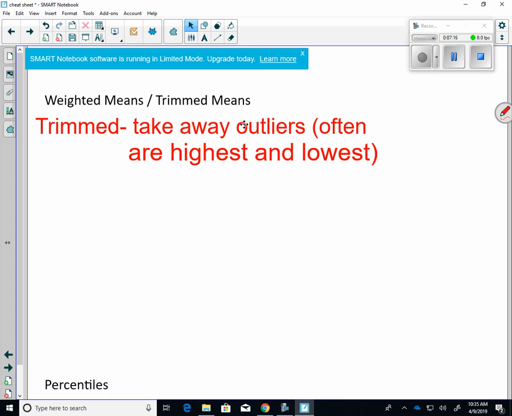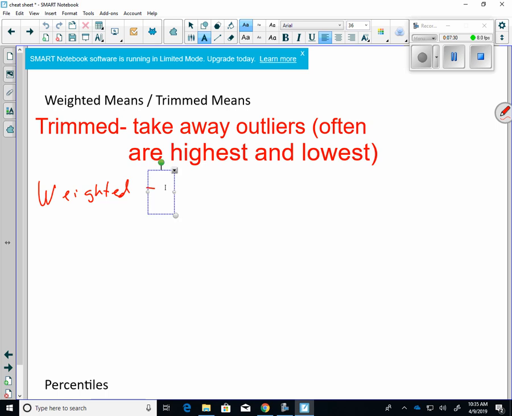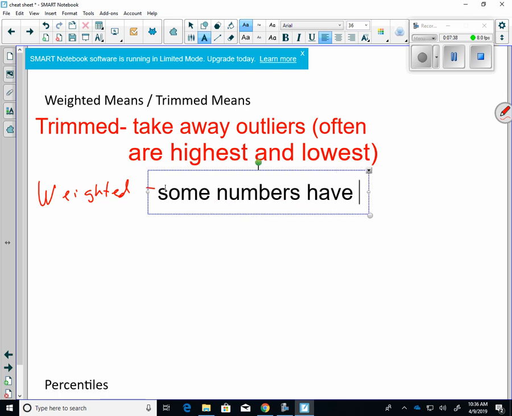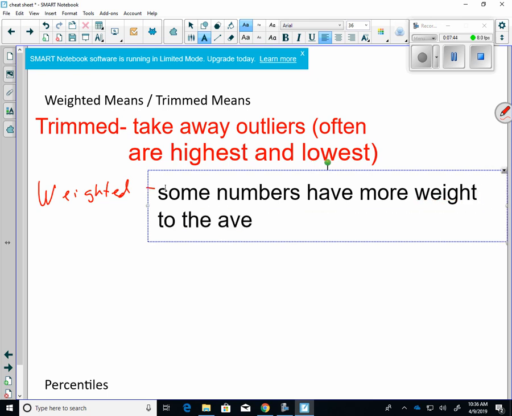Now, weighted means is a little bit different, right? How do we describe weighted? This is when some numbers have more weight in the average, right?